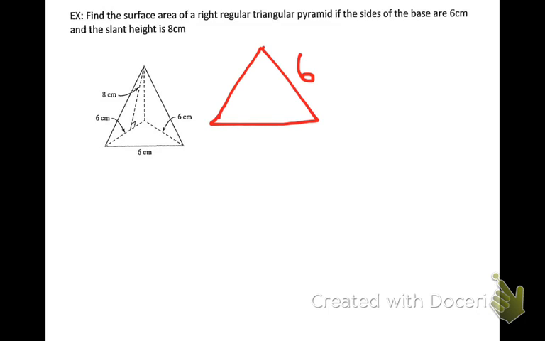We have to find the height of that triangle. Well, 6 equals 2a, so then a is going to equal 3. And a radical 3, the height would be 3 radical 3.